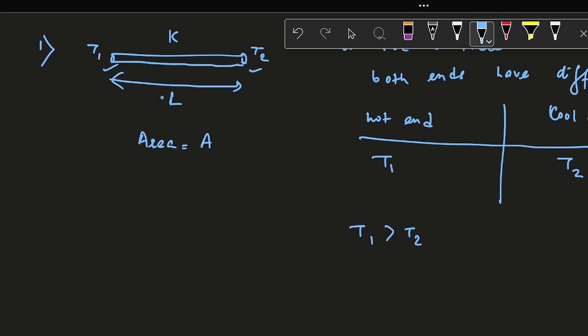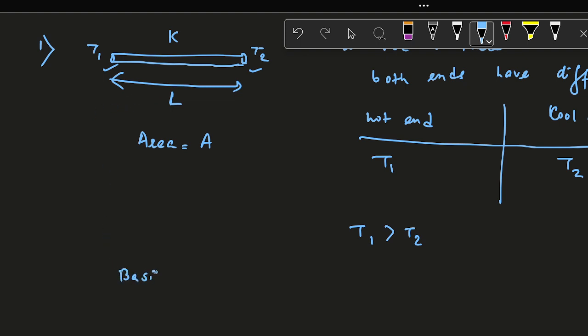Whenever you have a hotter object and a cooler object, the basic tendency is to spontaneously transfer heat from the hotter body to the cooler body so that they can come into thermal equilibrium at some other temperature. The same thing will happen in this rod also, because the rod has two different temperatures at its ends.